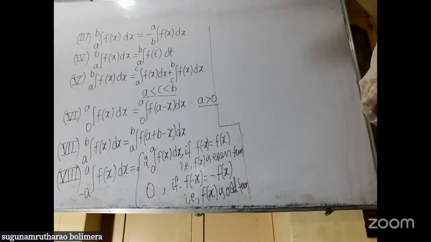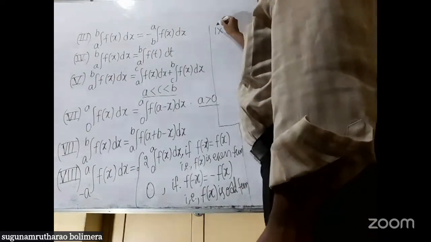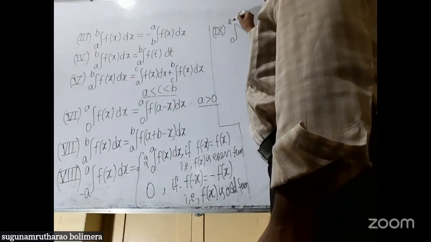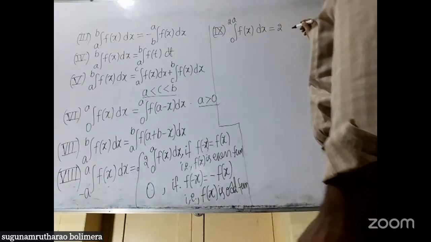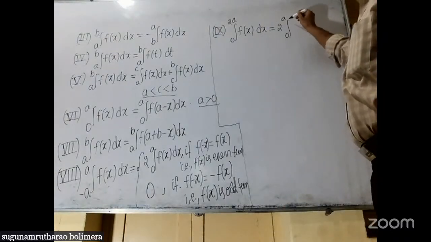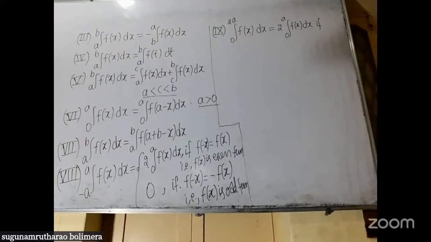Right, next. Two more similar formulas. Integral 0 to 2a f of x dx is equal to 2 into integral 0 to a f of x dx if f of 2a minus x equals f of x.